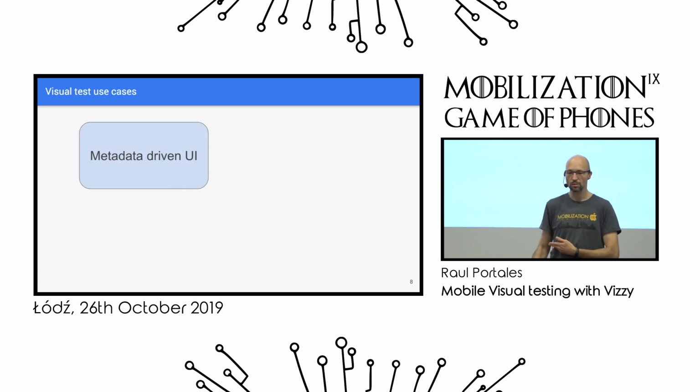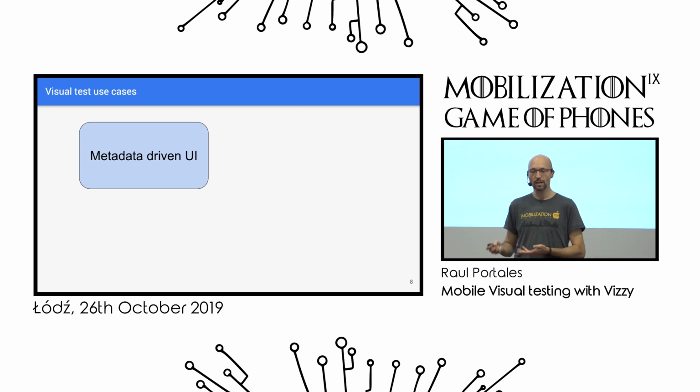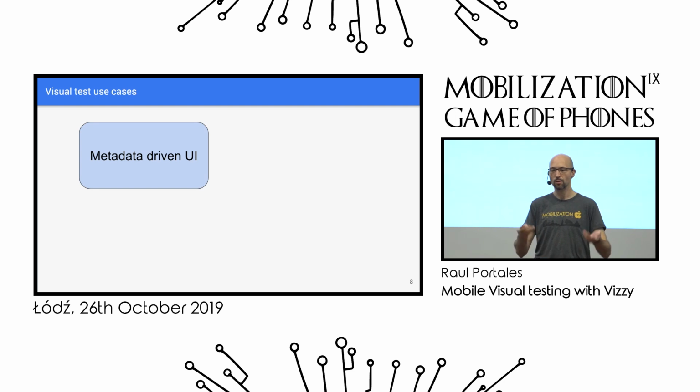In Workday, we use metadata-driven UI. We receive a model from the server, and when we receive it, we create native views at runtime, and then we render them. So we don't really have a layout for a particular scenario unless you receive the data. So it's quite important that the UI stays consistent, and we don't have a way to do it without actually running the code.